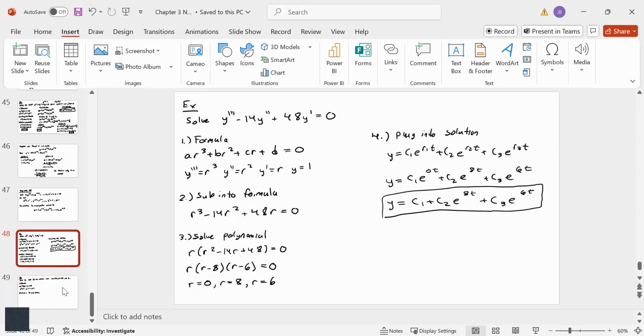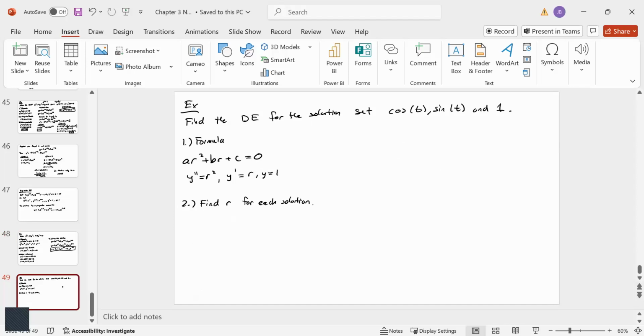But if we want to think about it a little bit more, y is going to be C1 e to the rt. But we don't need the constants here. We can just ignore them because they're not important to this type of problem. So we'll just get rid of them. So y is equal to e to the rt. Well, my solution is 1. Y equals 1. So I say y is 1 and it's e to the rt.